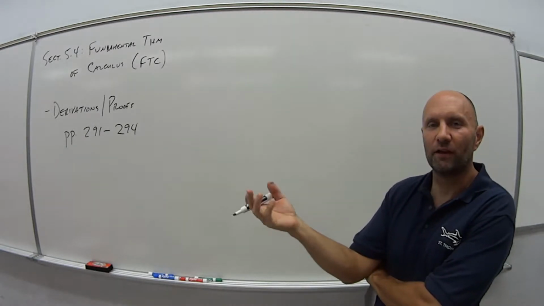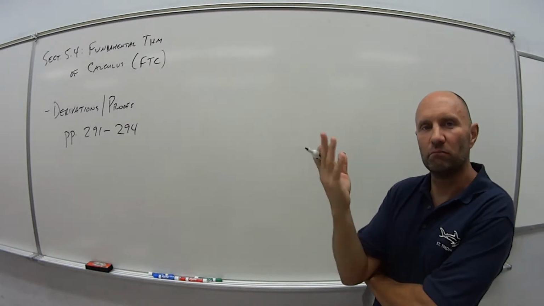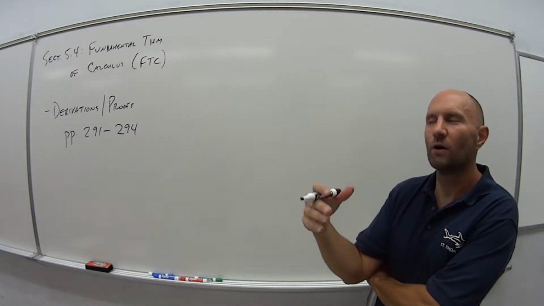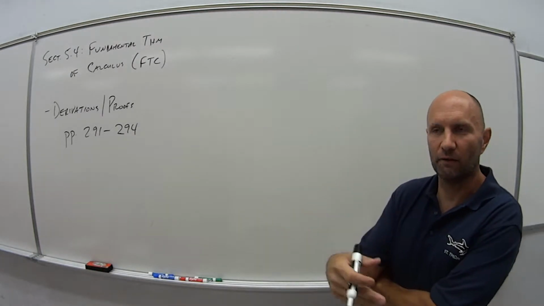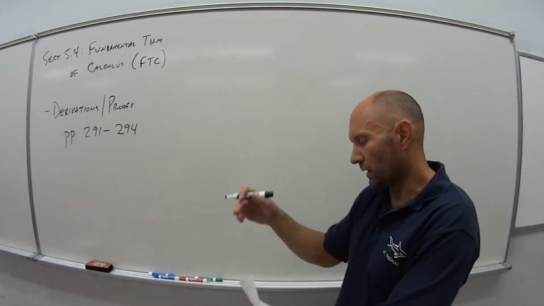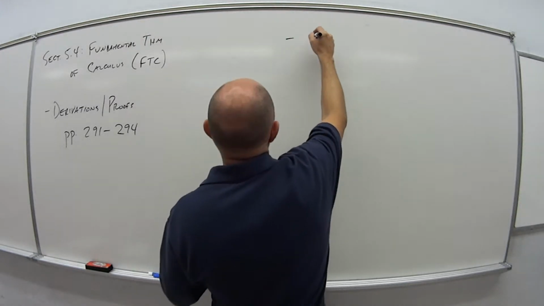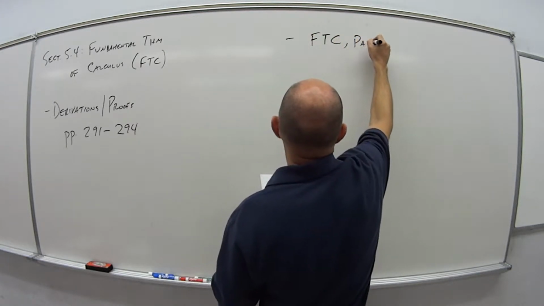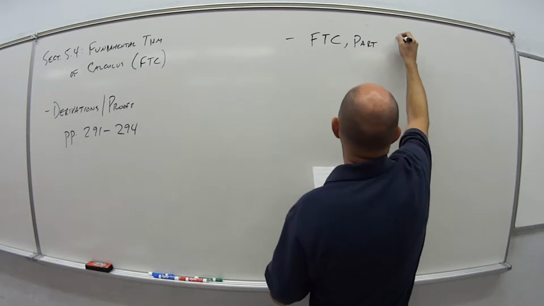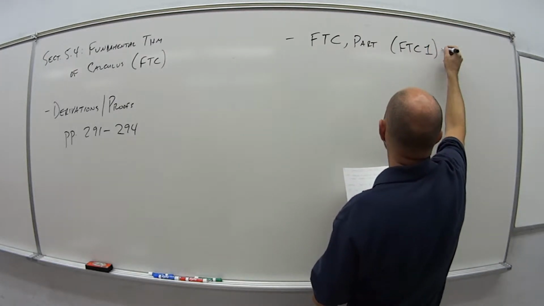It doesn't make sense for me to spend 20 minutes of video showing you the derivation and proof when you can go to the book and follow through if you really want to know it. Ultimately, you're going to get to the fundamental theorem of calculus, part 1. There are two parts to it, and you might see this abbreviated as FTC1.